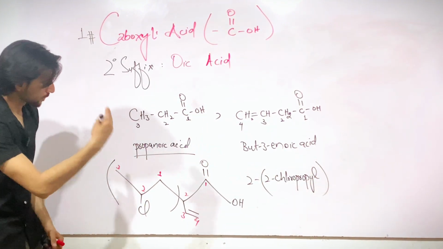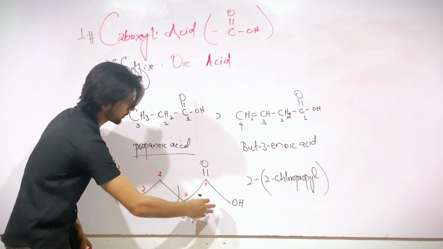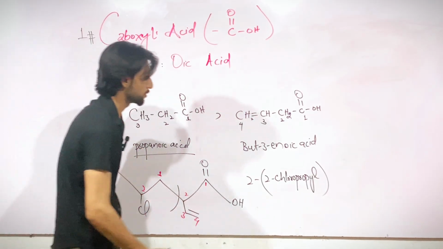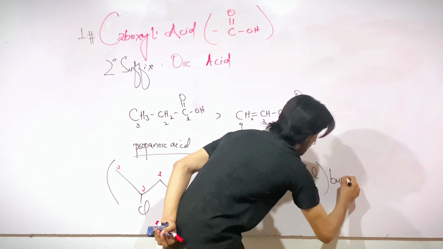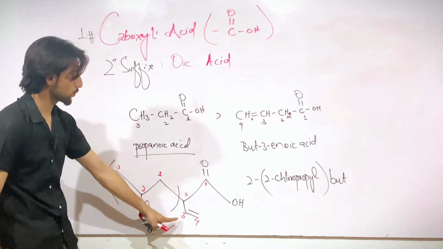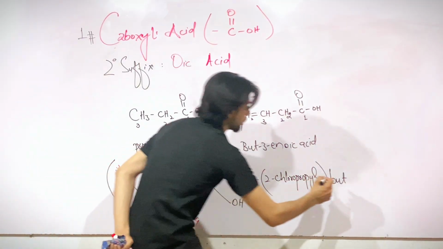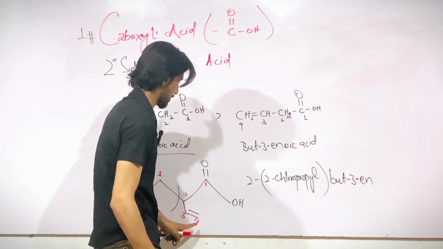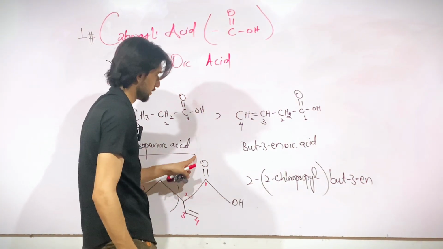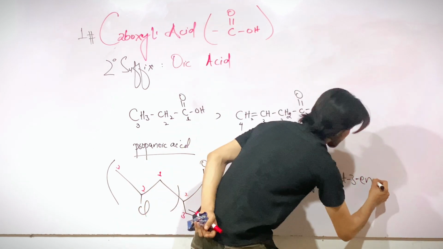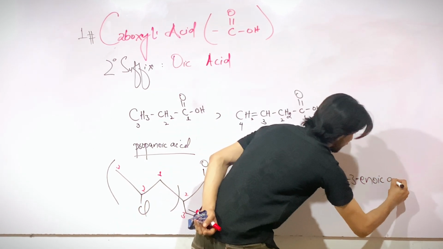Now we must name our parent chain, that is 4 carbon atoms. So the word root becomes but. And as there is unsaturation at carbon number 3, we have a double bond, so 3-en, and the secondary suffix for this is oic acid, so it remains oic and acid.